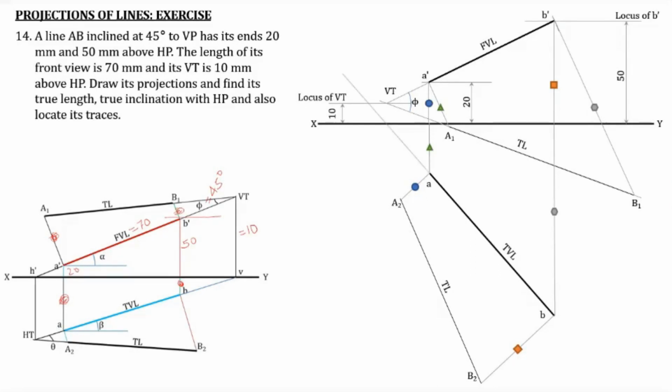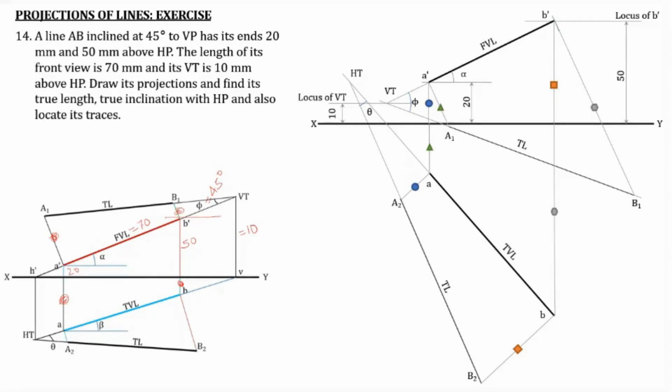Then extend the top view length as well as the true length line in order to get HT. You extend the AB, that is the top view, as well as the true length line in the top view, that is A2 B2. The point of intersection will give you the HT, and the included angle will give you the theta.